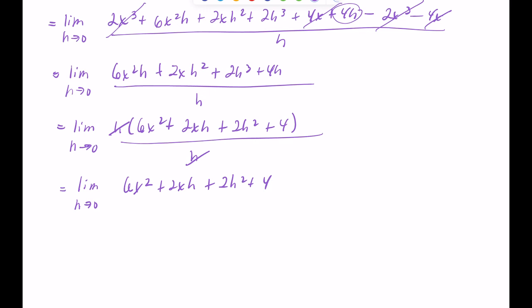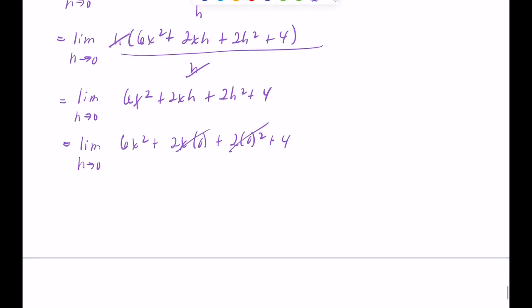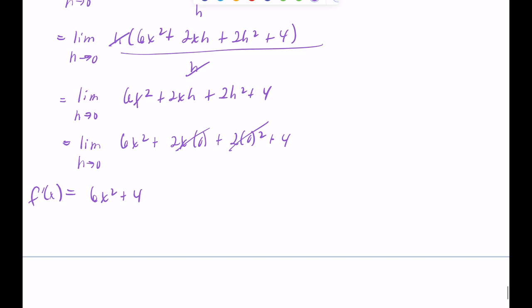Right? And then all I'm going to do is plug in 0 everywhere there's an h. And we can see those cancel out. And you just get 6x squared plus 4, which is the derivative of the function we started with, 2x cubed plus 4x.